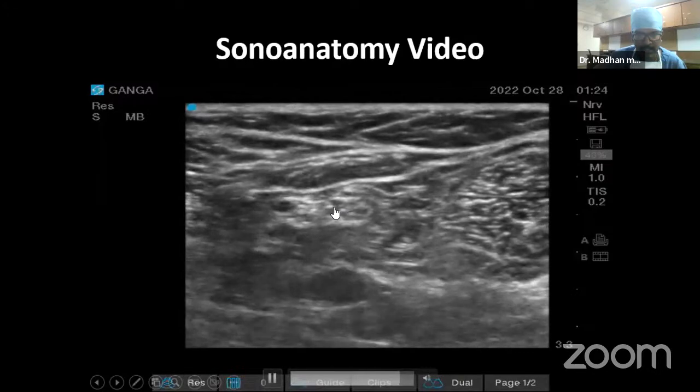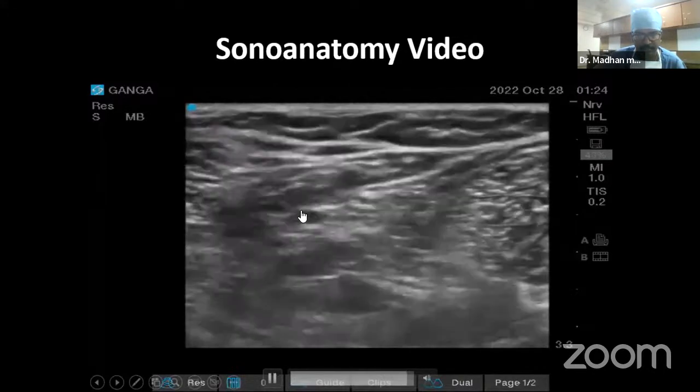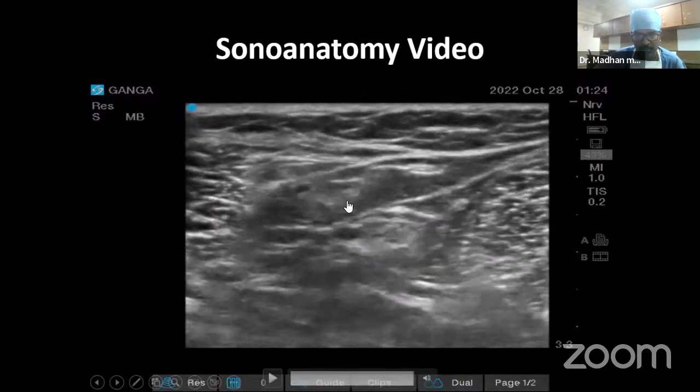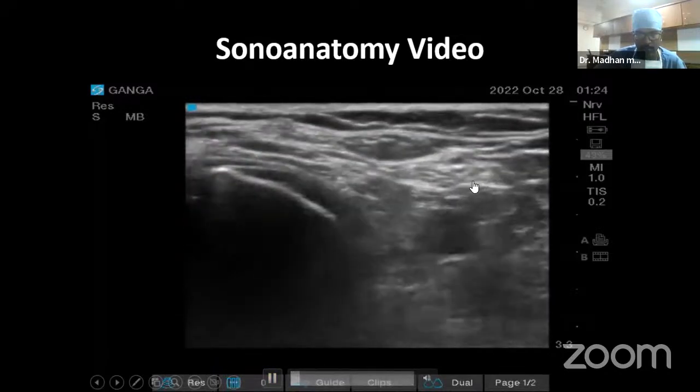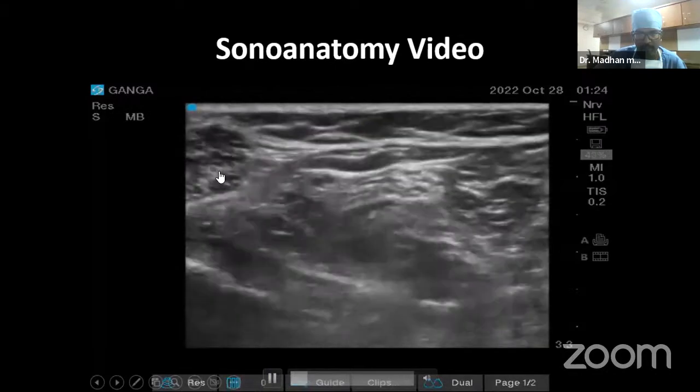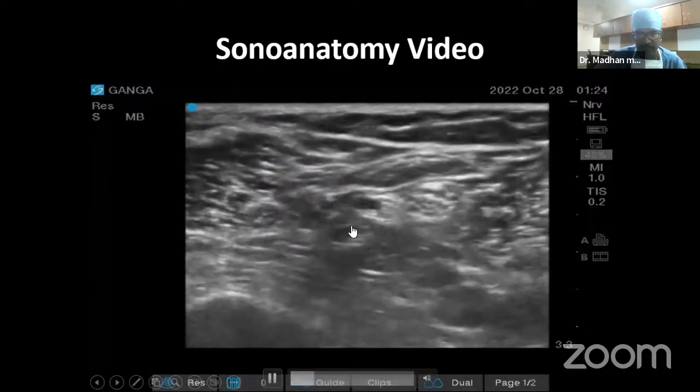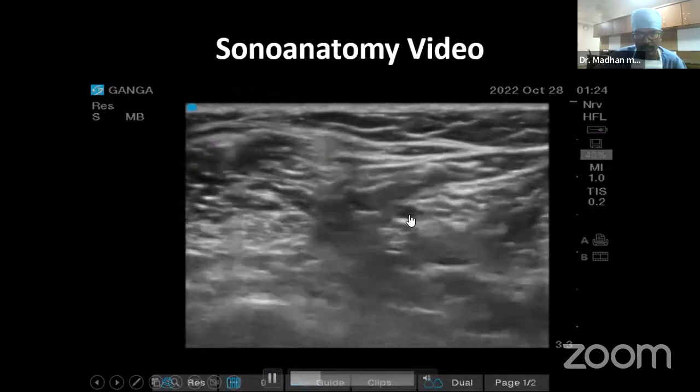I hope everybody is able to appreciate it. So this is the tibial nerve and the common peroneal nerve. Play it once again. Femur, popliteal artery, popliteal vein, tibial nerve. You can see the common peroneal nerve coming and joining.